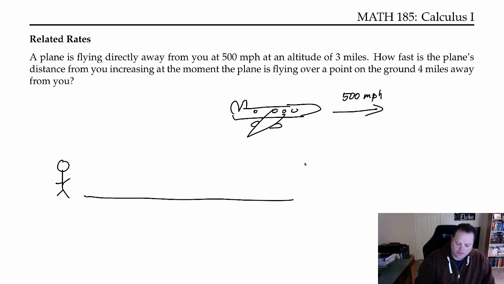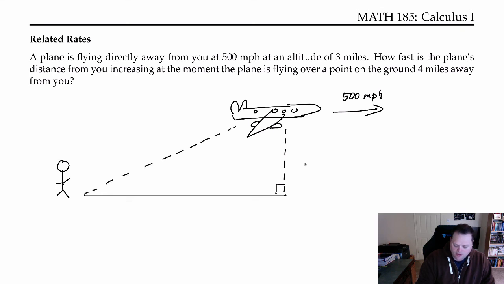Okay, so if I draw a line here and a point down to the ground, this forms a right triangle with the ground, and then this value here is changing. This creates a right triangle.